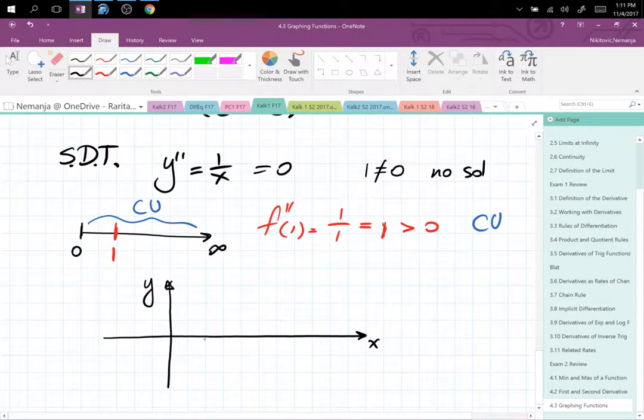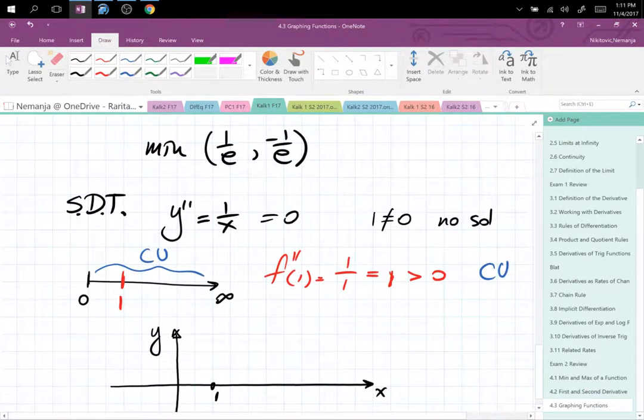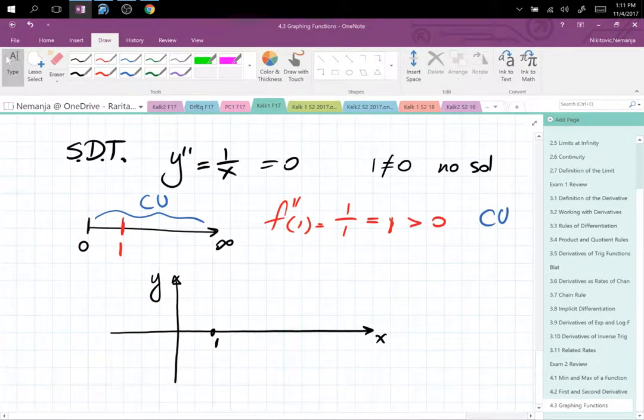So I have the x-intercept at 1. Let's put it here. And I have 1 over e and negative 1 over e. Actually, I'm going to put this one further away.